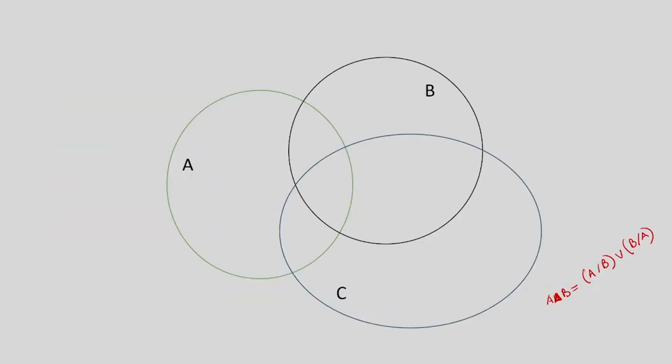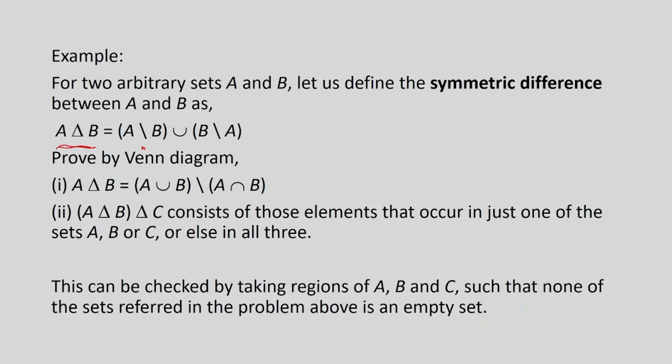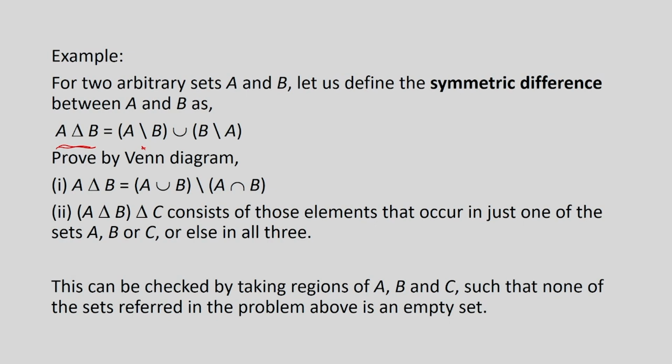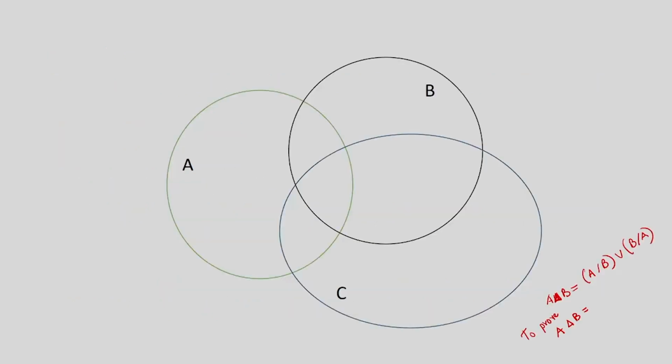Oh no, sorry, I have just defined it: A delta B is A minus B union of B minus A. What do I have to prove? I have to prove something else. I have to prove that A delta B is equal to A union B minus A intersection B.